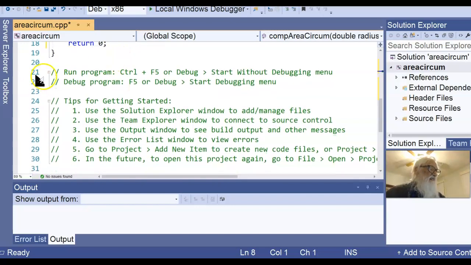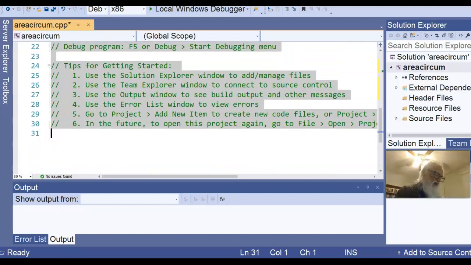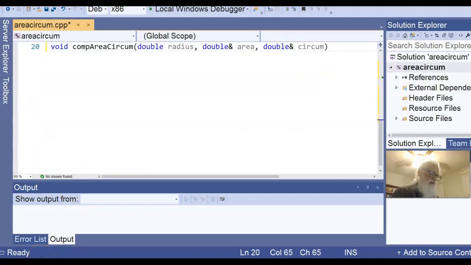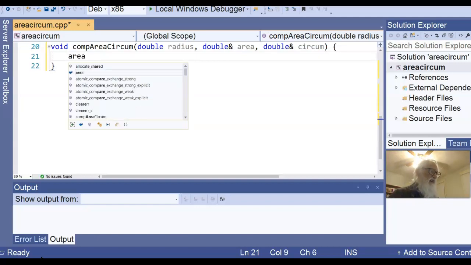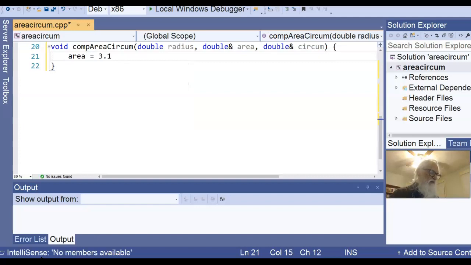So I'm going to take this now and write my function. I'm now ready to write it. So let's see. The area of a circle is pi r squared. What's pi? Well, pi is 3.14. That's an estimate. 3.1415, I think, is a slightly better estimate. But let's try area equals 3.1415 times the radius squared.